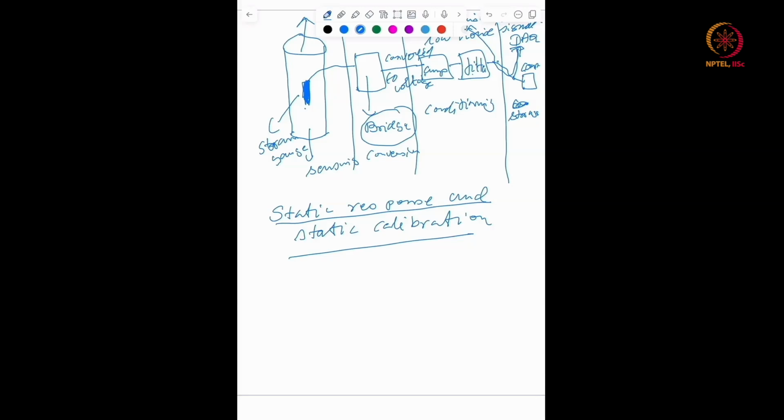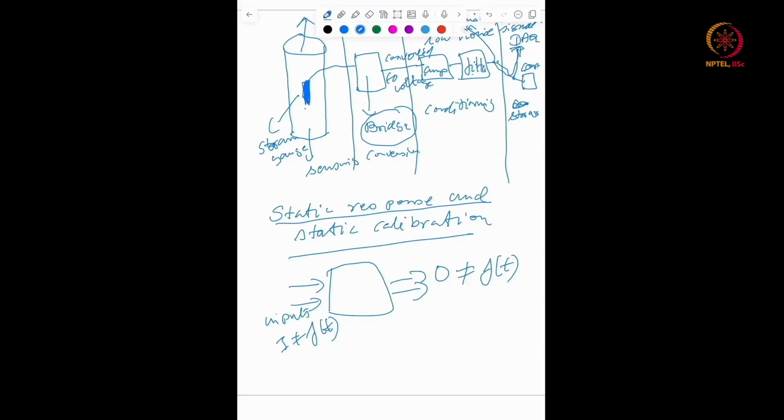So you have a measurement system, and all its inputs are not functions of time, and whatever output you are producing is also not a function of time. Even if it is a function of time, it's a very slow function of time. As the input changes, the output changes, but they are not time dependent. So this is what is called a static response.